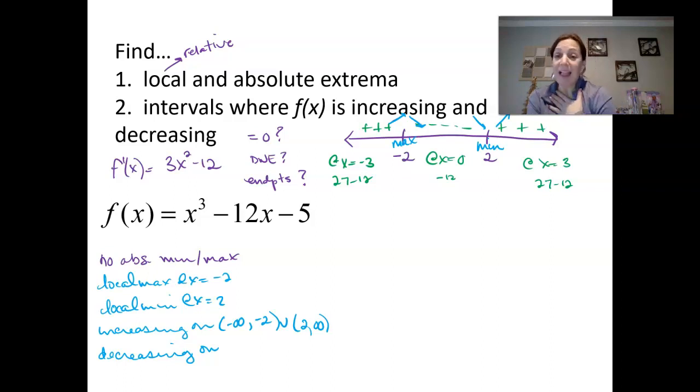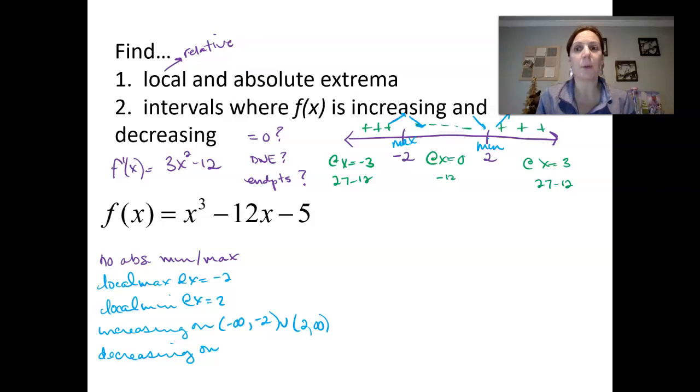Now, I say I define increasing and decreasing using, oh, I don't know, calculus. And in calculus, we define increasing and decreasing with positive and negative derivatives. At 2 and negative 2, the derivative is neither positive nor is it negative. So it is not going to be included in any interval if you are defining increasing and decreasing using calculus.